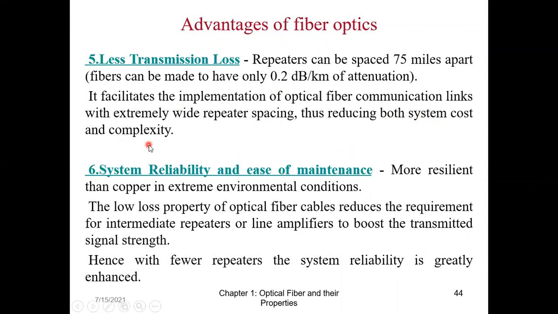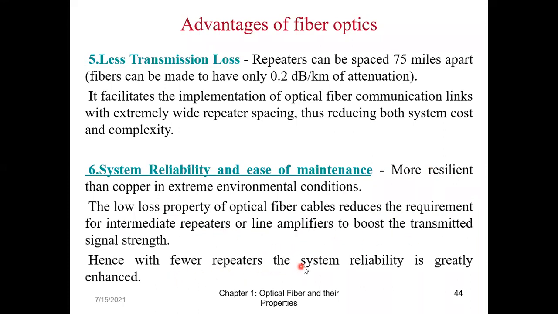Many times students forget this word complexity. They just say repeater spacing is wide, so the system cost is less. The complexity is also less. So please remember these points. Then system reliability and ease of maintenance. More resilient than copper in extreme environmental conditions. The low loss property of optical fiber reduces the requirement for intermediate repeaters or line amplifiers.